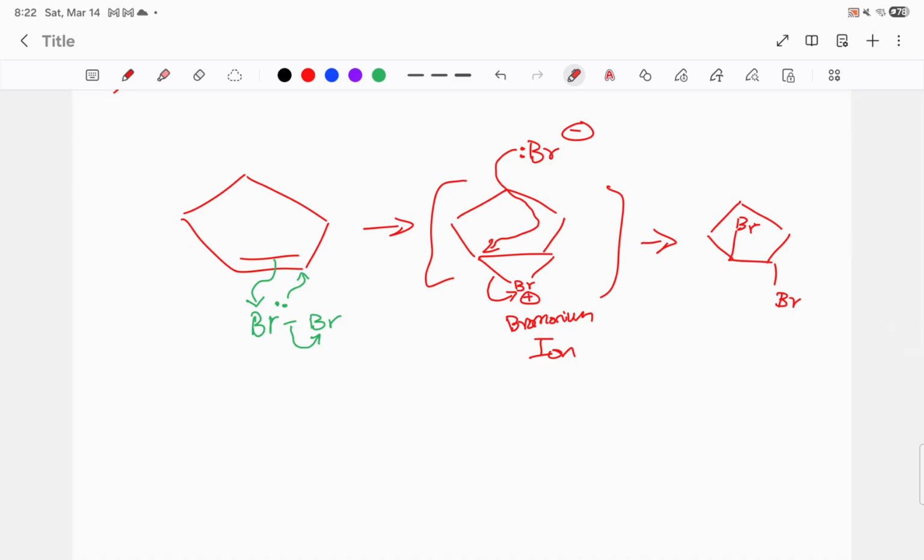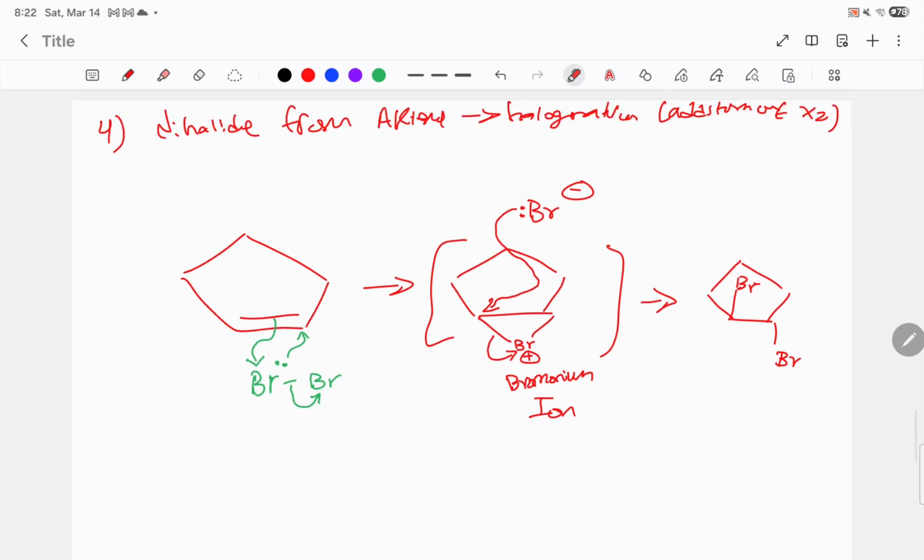Now, this reaction is an addition reaction, okay? It has that bromonium ion, or if you want to be more general, it has the halonium ion. Notice how I just replaced the specific halogen, bromide in this case, with halonium. The addition occurs anti, meaning that the two groups are on opposite faces of the molecule, okay?